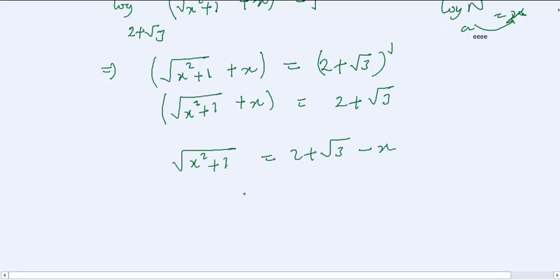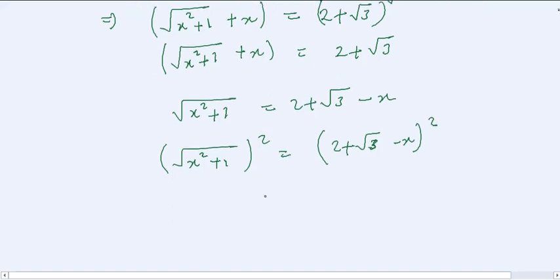Then I solve. Square both sides. I'll take the square of both sides. I have x squared plus 1 all square is equal to 2 plus root 3 minus x all square. So I will square both sides and see what I'm going to have. This one will give me x squared plus 1. Then without wasting time, I will just give the answer to this.